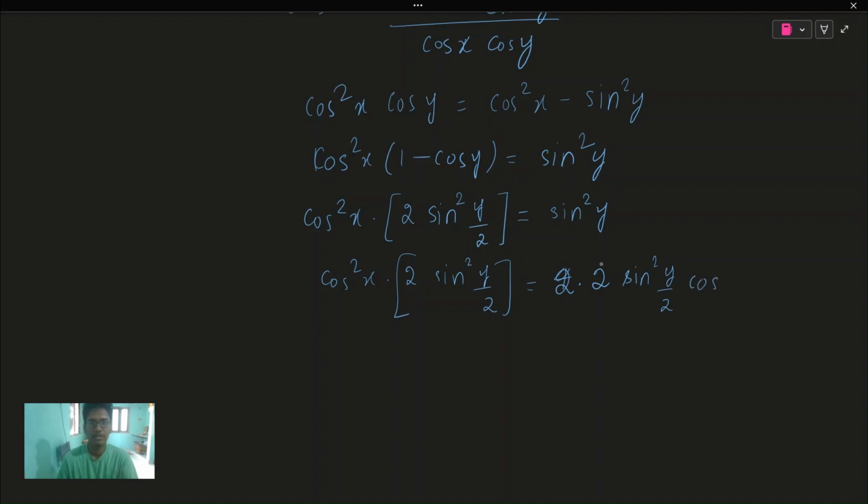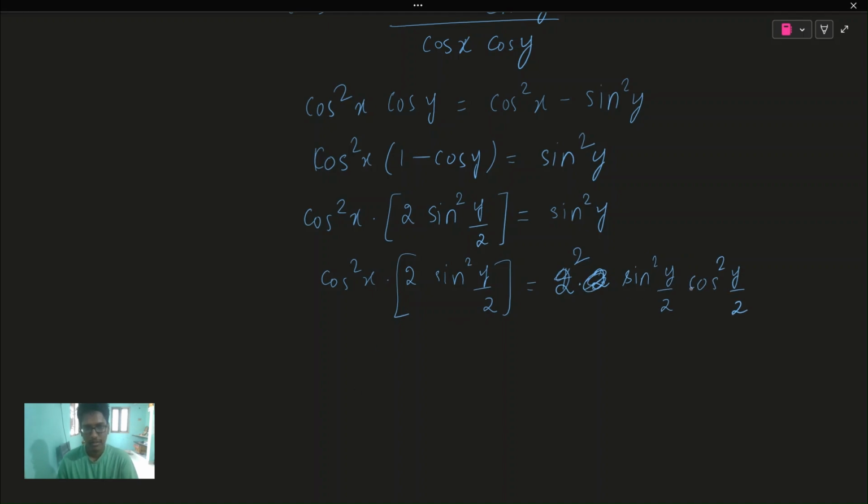Sin 2 theta is equal to 2 sin theta and cos theta. So I'm just substituting that. It's actually 2 square.